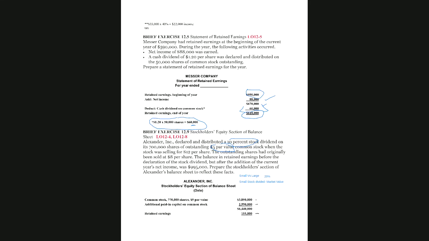And again, just assume this all happens in the first year of operations. This problem is a little tricky. Assume this happens all in the first year of operations. Here the par is $5, we know that. And at the time the stock was originally sold, the market price per share was $12.